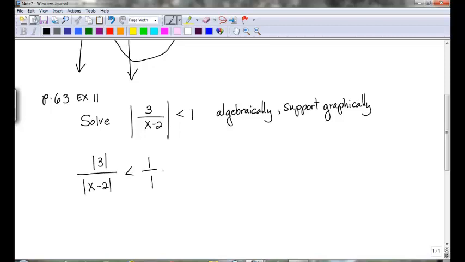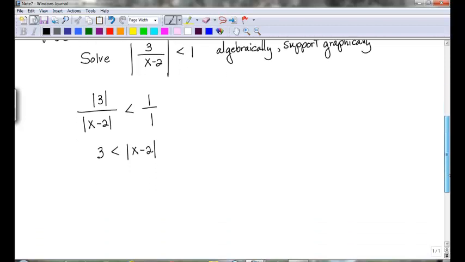We're still going to cross multiply, but whatever is on the left side on top is going to stay on top, and the absolute value of 3 is just 3. When you cross multiply, you're going to get 3, and the arrow stays the same. We're not multiplying or dividing by a negative. And you get the absolute value of x minus 2.